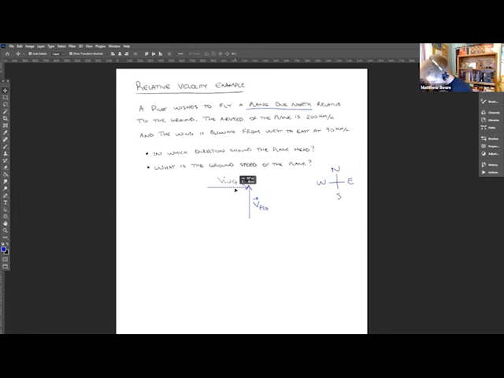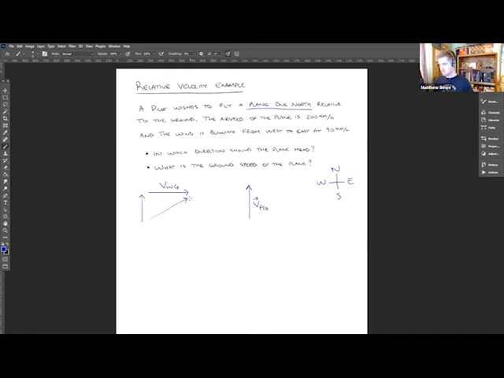If we put the vector like this, that means that if the plane directly took off going north, then it will be affected by the wind and it will be turned that way.